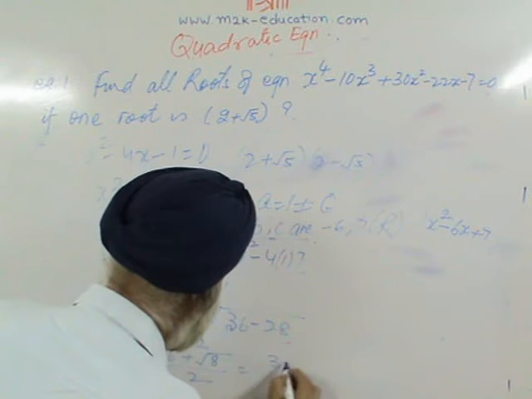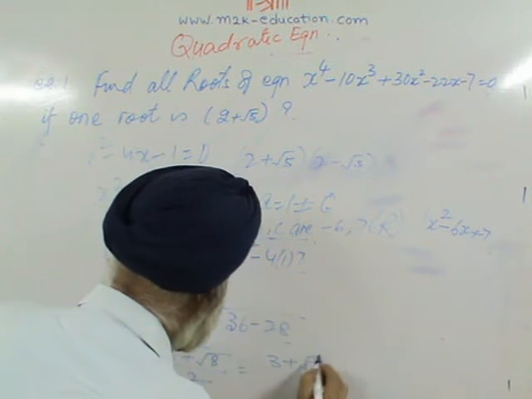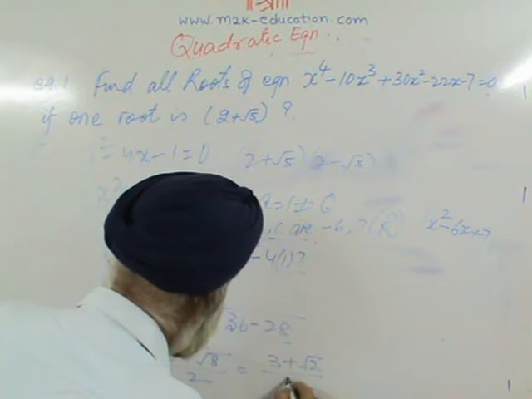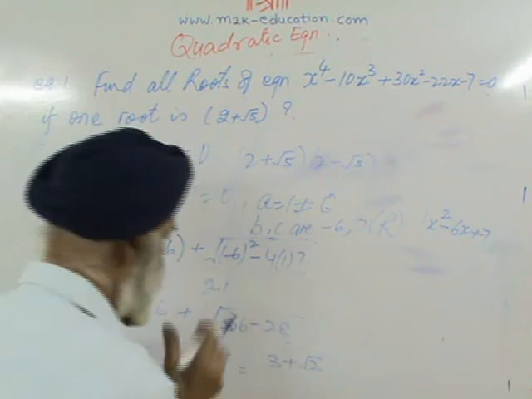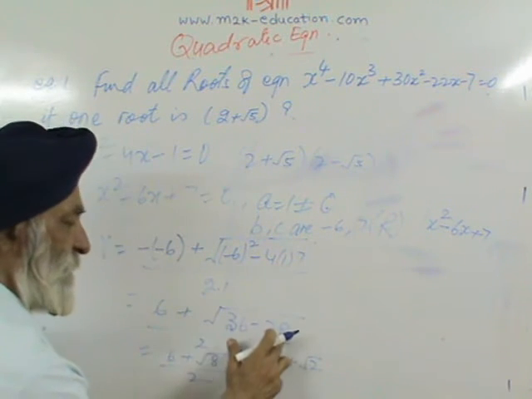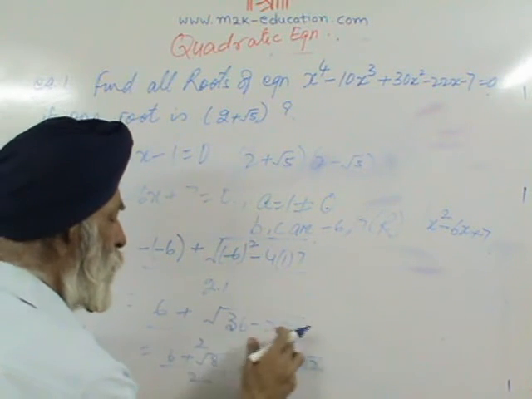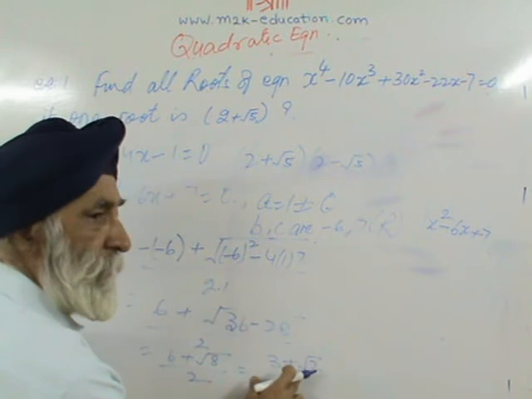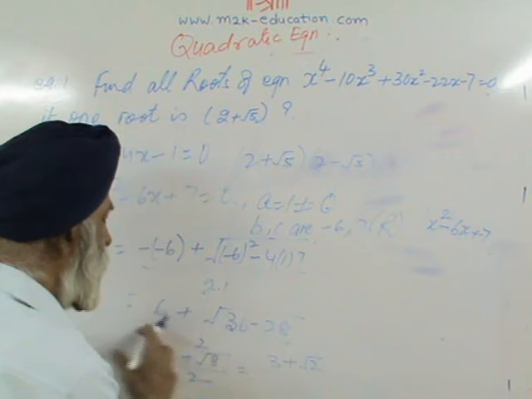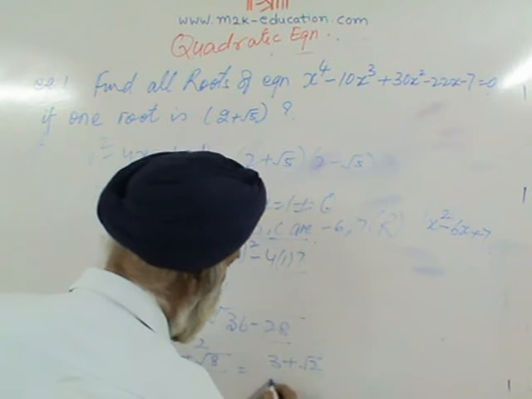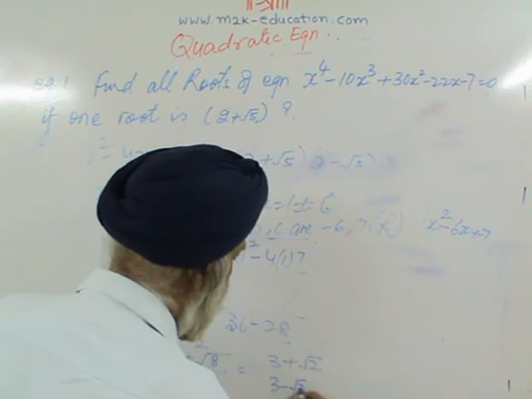This can be written as 6 plus 2 root 2 upon 2, because 8 is 4 into 2, and the square root of 4, which is 2, is taken out of the root. Therefore, root 2 will remain and 2 gets cancelled. So the other root automatically will be the conjugate.